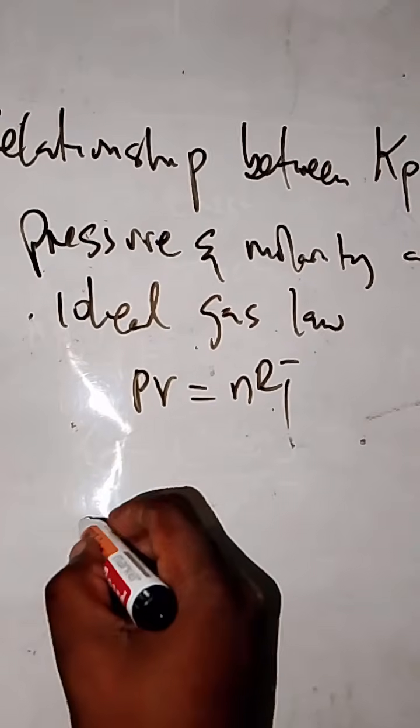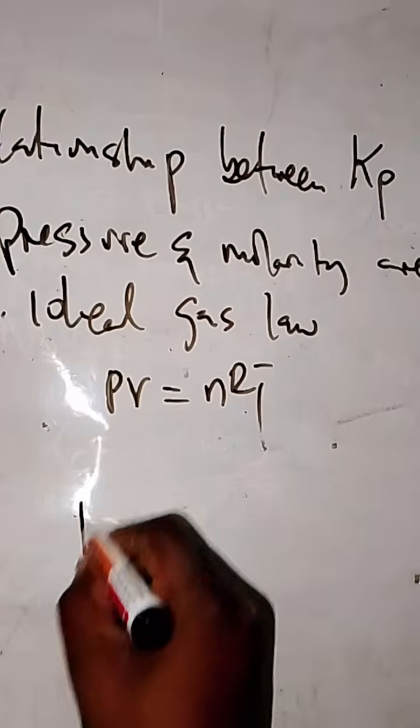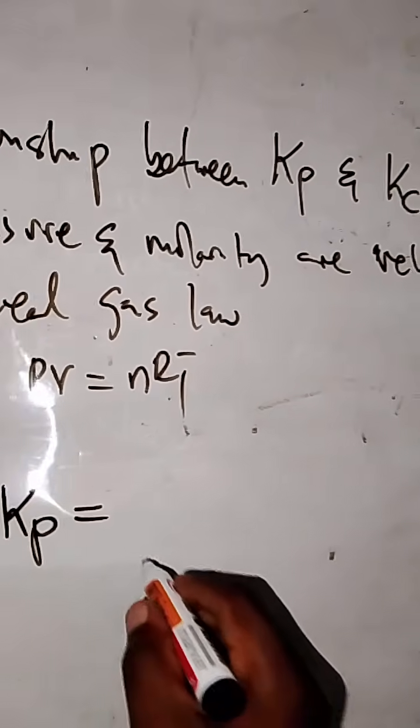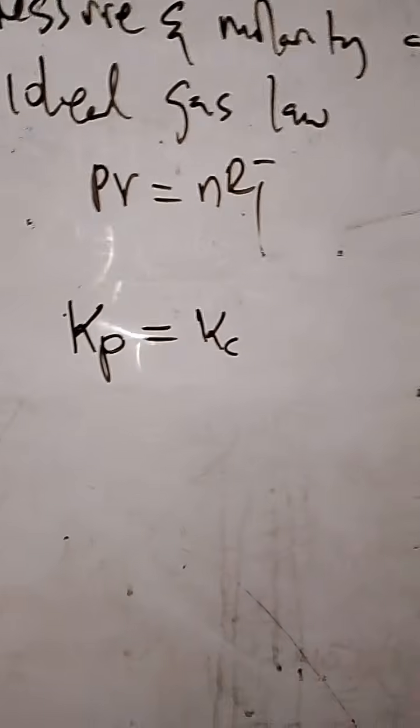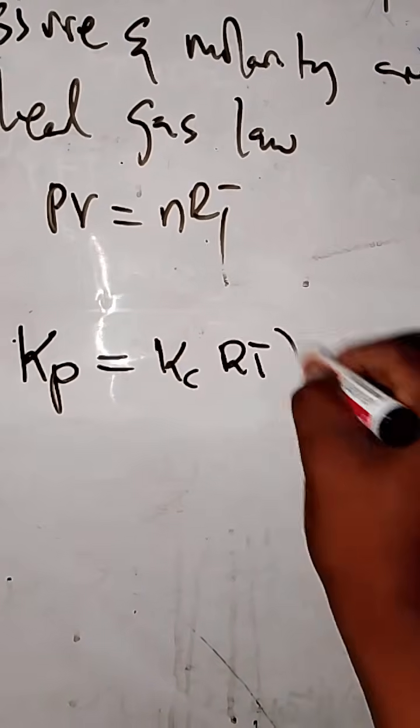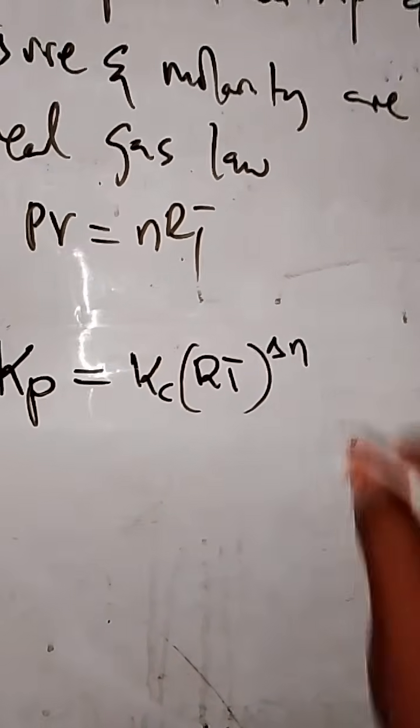Kp is equal to Kc(RT) to the power delta n.